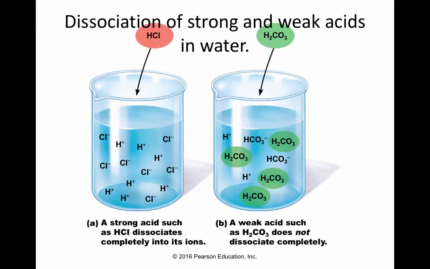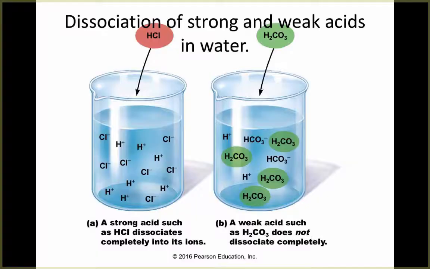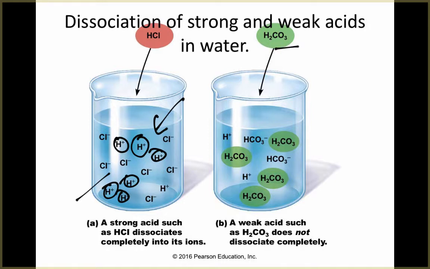So this is giving you an idea, right? Of what's considered strong acids and strong bases. When we look at this, hydrochloric acid, you have all of these hydrogens here, so this is going to drastically change the pH. Here, carbonic acid is a weak acid. This is the one that we get from CO2 and water, right?